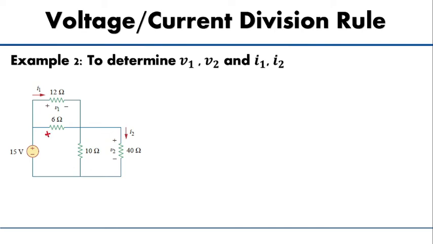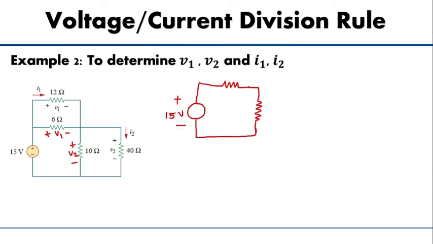The same voltage V1 will appear here, and similarly this 10 ohm and 40 ohm are connected in parallel. Therefore, the same voltage V2 will appear here. By reducing this circuit, we can draw it like this. Now, what is the value here?